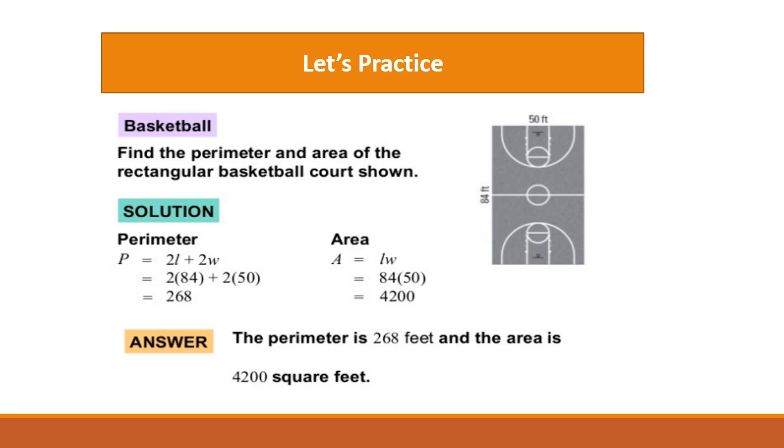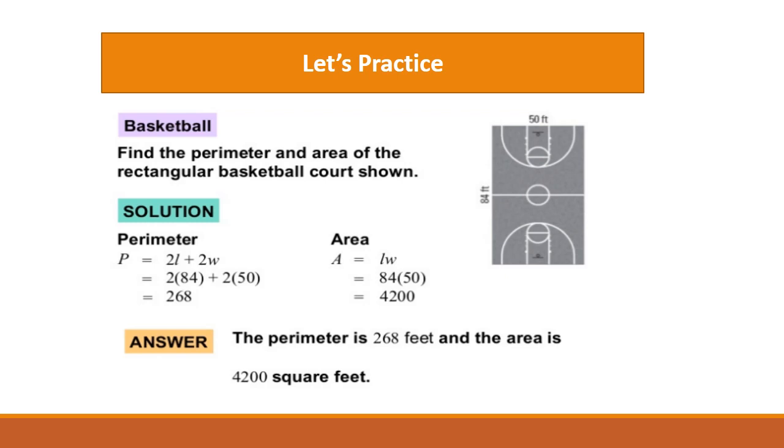So now it's easy just to apply the formula we learned before. The formula for perimeter, 2 multiply length plus 2 multiply width. 2 multiply 84 plus 2 multiply 50. 2 multiply 84, let's find it. 2 multiply 4, 8. 2 multiply 8, 16.